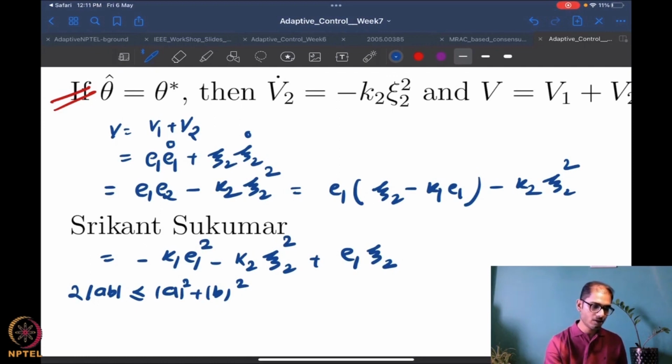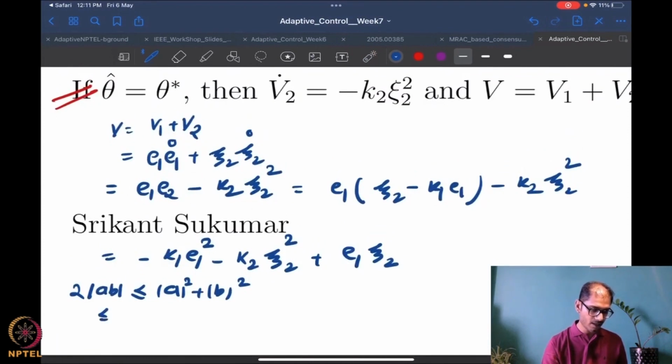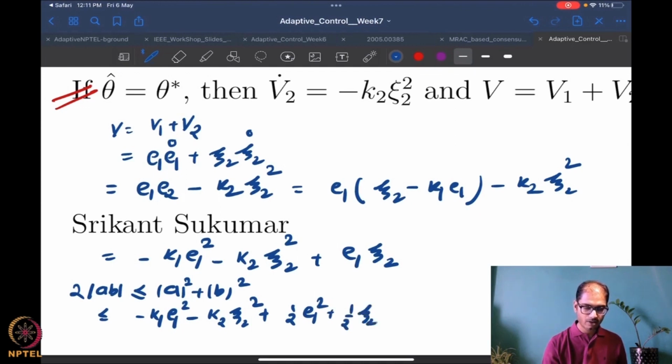So we use that to write this quantity as less than or equal to minus K1 E1 squared minus K2 psi2 squared plus half E1 squared plus half psi2 squared.